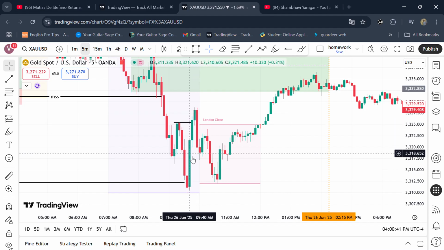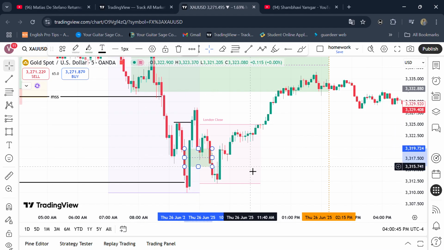And while it created that market structure shift, it also made an FVG for us to trade from.